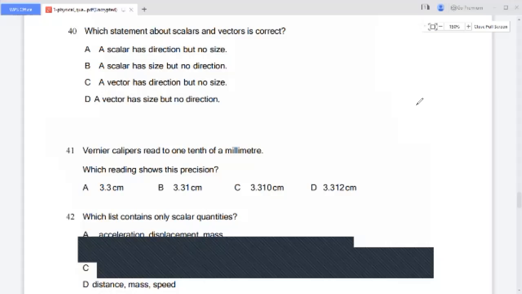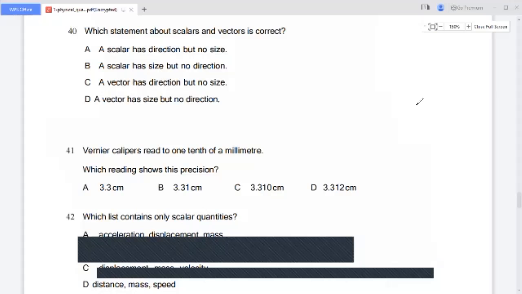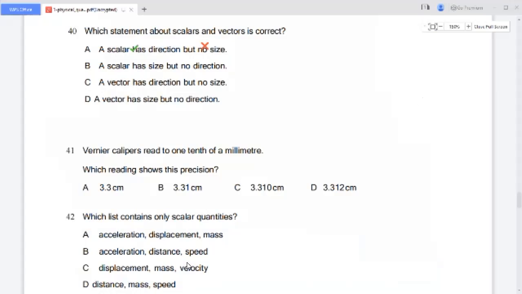Question number 40 says, which statement about scalar and vector is correct? Scalar has no direction but no size. Till here it's correct, but the rest of the portion is wrong. The scalar has a size but no direction.